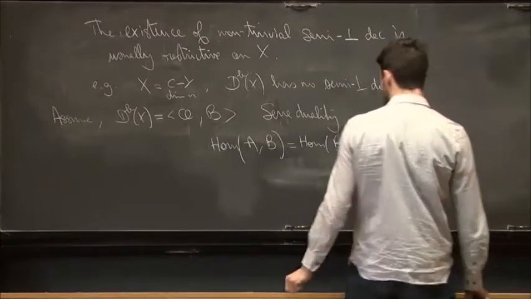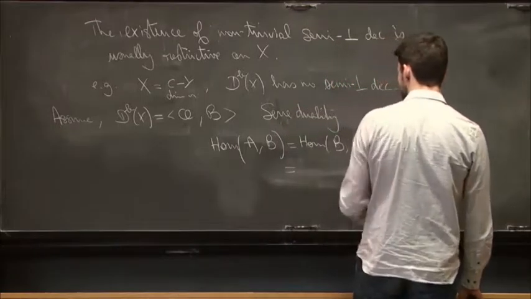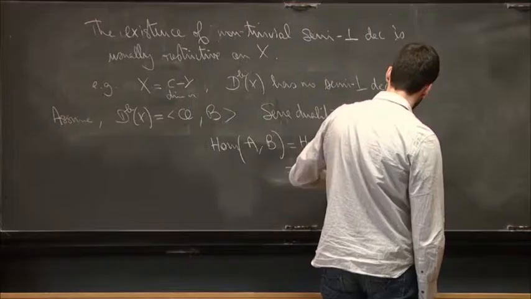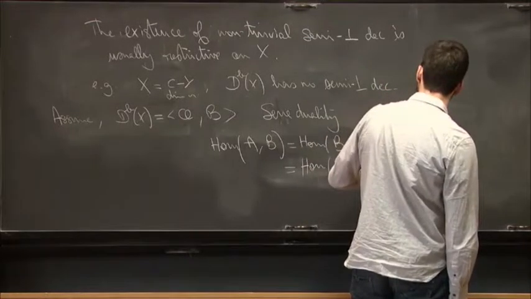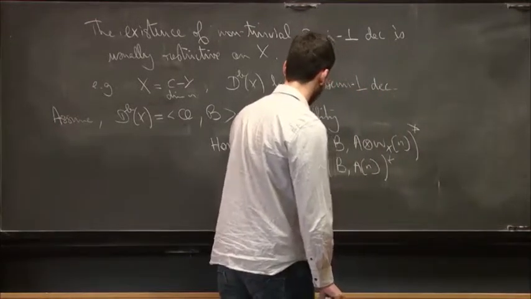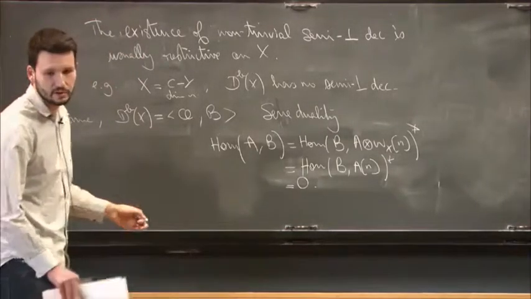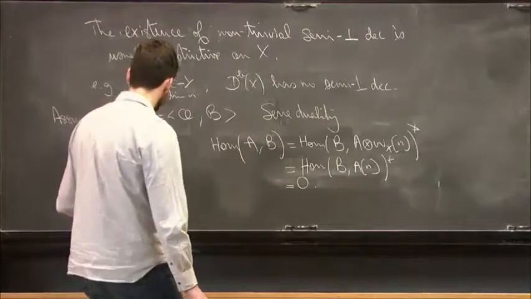Okay, but then the canonical divisor is trivial, so this is just Hom(B, A shifted). But then by definition of semi-orthogonal, this is 0. Okay, so if you have a semi-orthogonal decomposition, then it's actually a completely orthogonal decomposition.